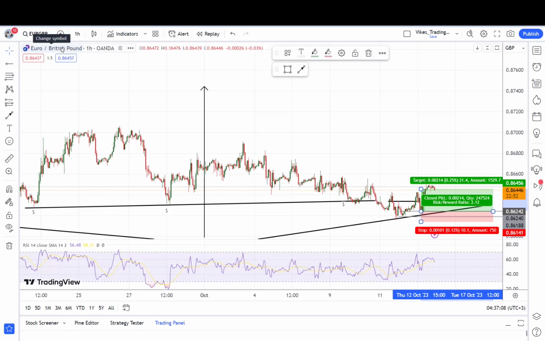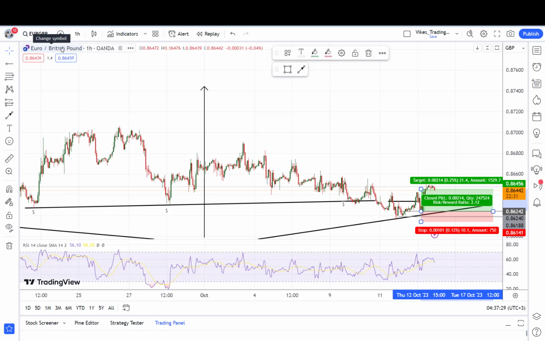Okay, if it's a confluence whereby a lower low is being formed while momentum indicators are also forming lower lows, it means that the price will continue going to the lower side. Okay, so you won't trade that as a reversal pattern.